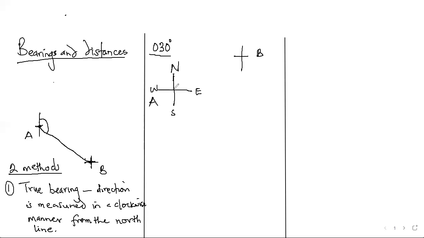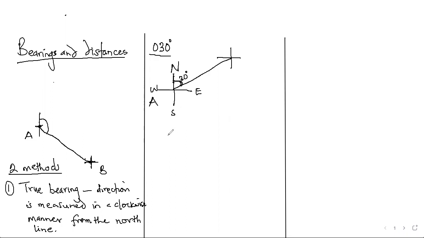So if I draw a line at 30 degrees, that means my point B will be located around here. Now I'm not considering the distance, I'm only considering the direction. So 0, 3, 0 is basically 30 degrees from the north, in a clockwise manner.